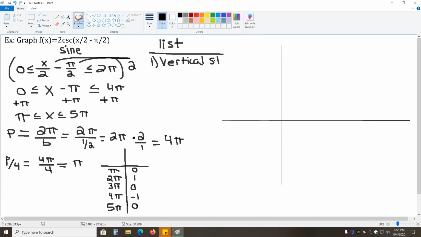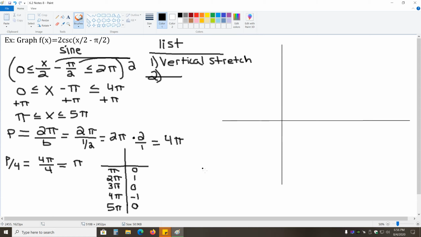Now, is there a number added or subtracted to the outside? There is not. So we only have one vertical transformation, our vertical stretch. We can begin graphing our table, then apply the reciprocal, and then finally apply the only vertical transformation we have.